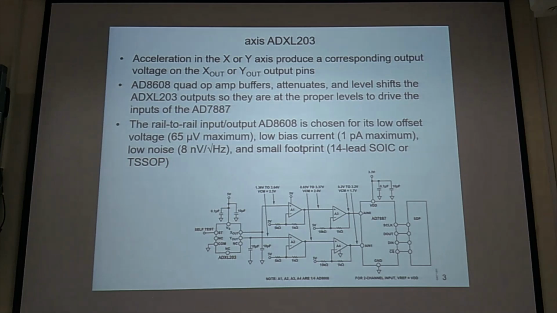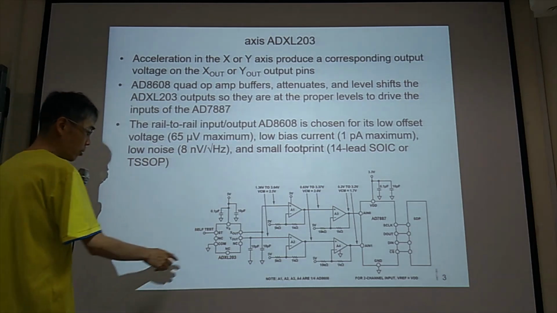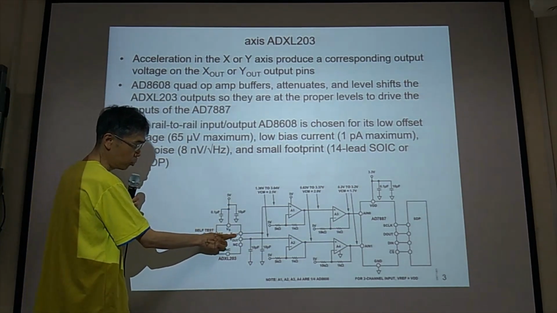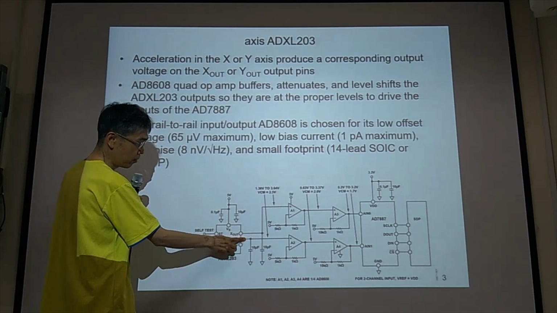And this accelerometer is a two-axis accelerometer. It can measure two-direction accelerations, x-axis and y-axis. So this accelerometer has x-axis output and y-axis output.